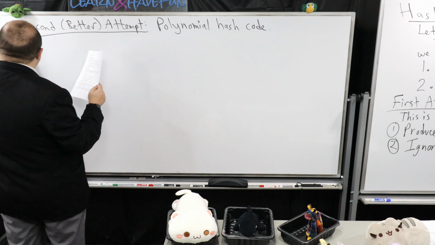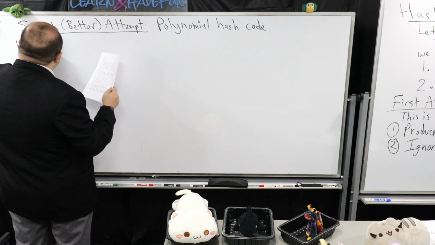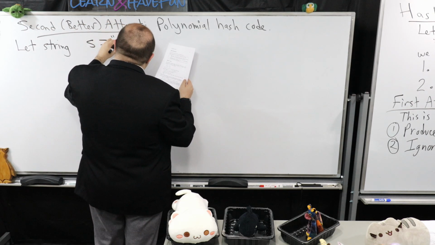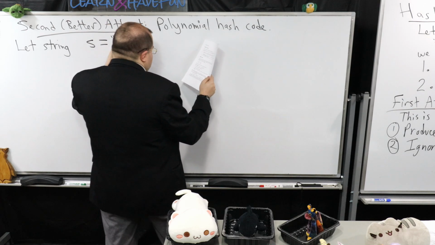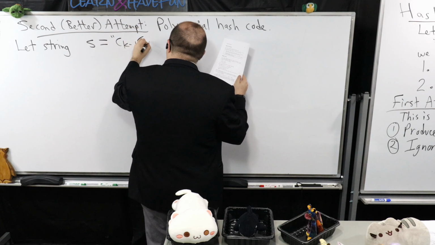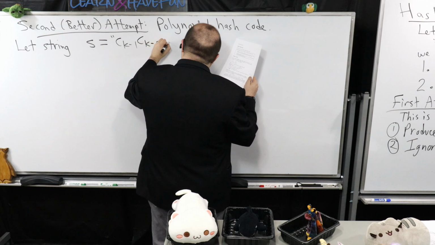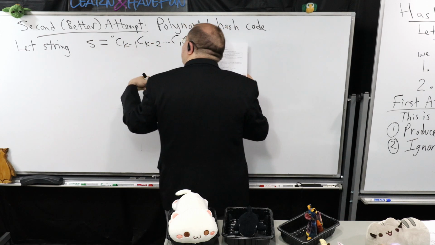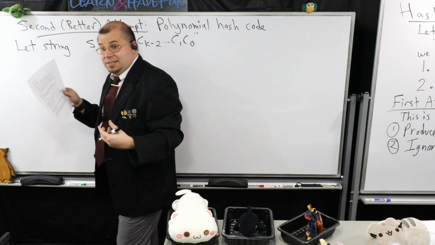So I'm going to let the string S be written in the way that I wrote it over there. Just be very mindful of the indices here, and of the fact that I'm using the highest index at the furthest left position.